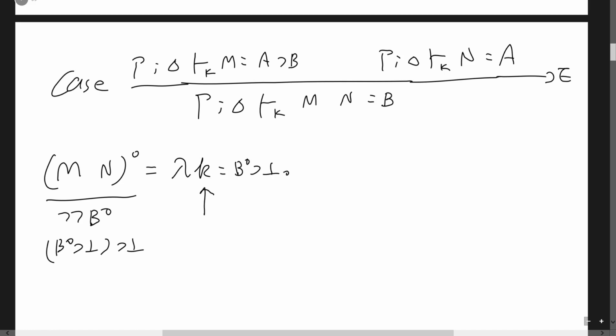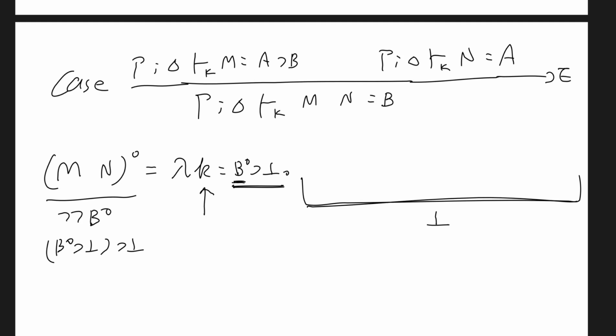So this thing tells you what to do with a value of type B circle, or it's the rest of the computation. And now you have to find a proof term of bottom. So you have to show how the rest of the computation proceeds.